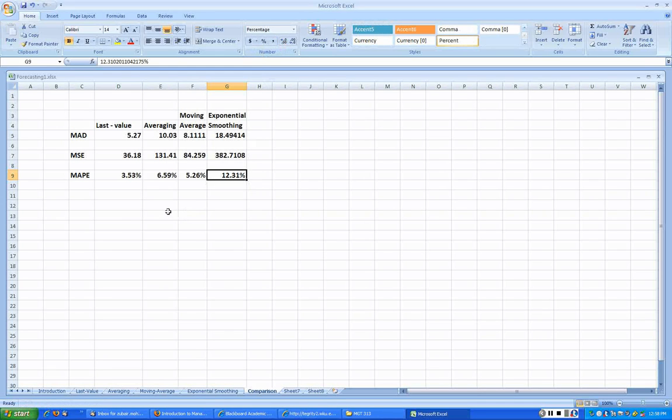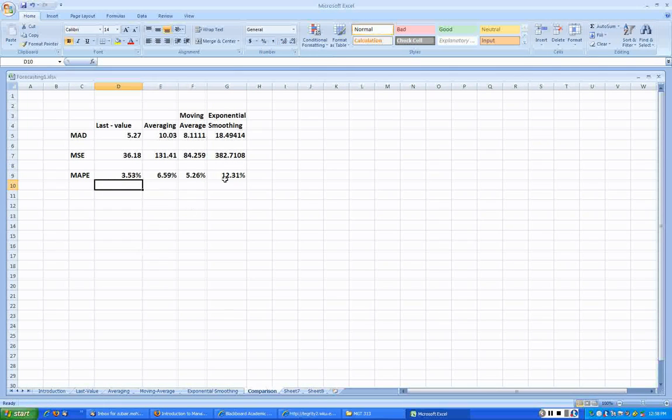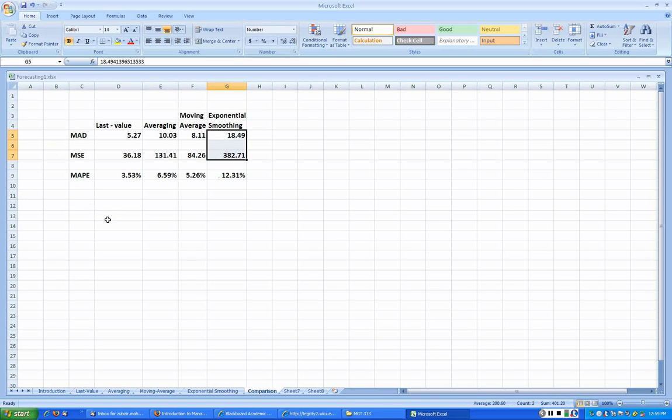Now, based on the MSE, MAD and MAPE, the one that has the least is the method that you want to go for.